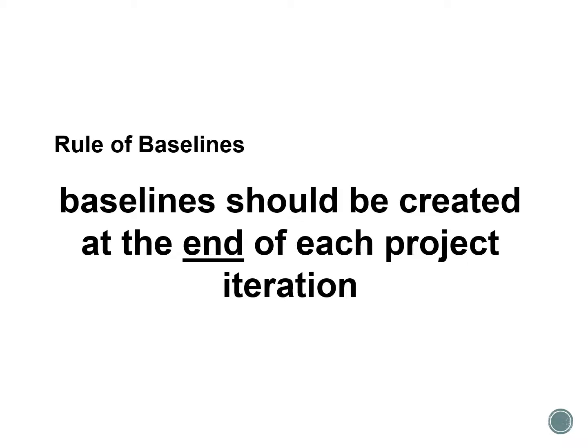If the iterations are short, the baselines are close to each other, so there's a small delta between them. So we know, or can almost even predict, if the changes are going in the right direction, or if we are advancing towards something that's favorable to us, for example, fulfilling our quality attribute requirements.